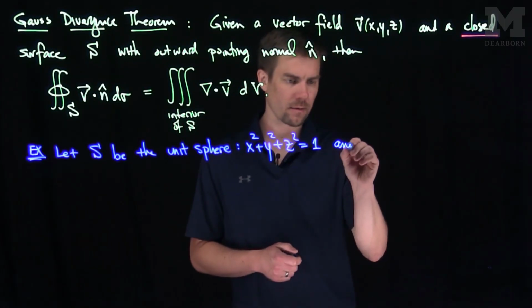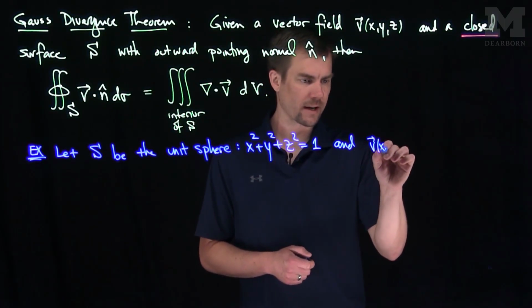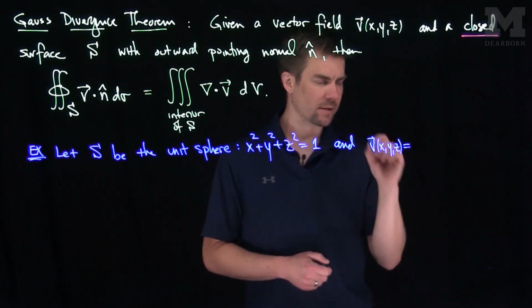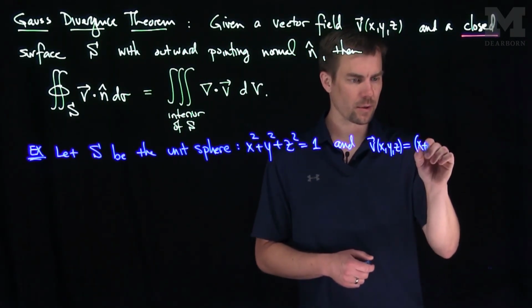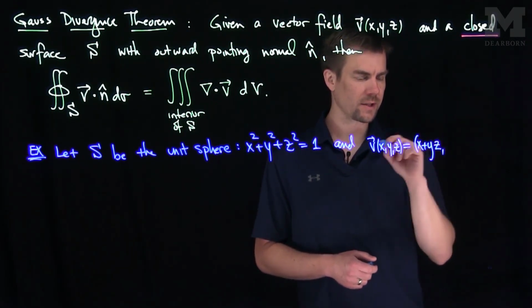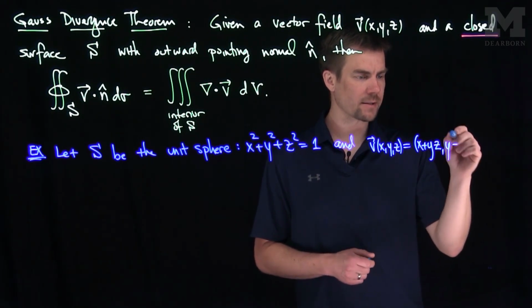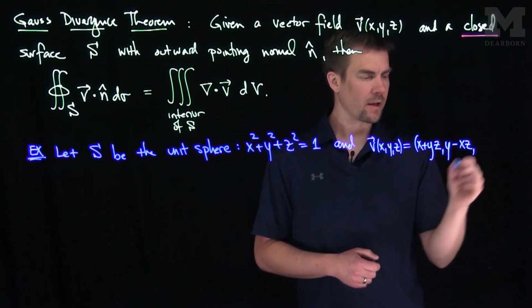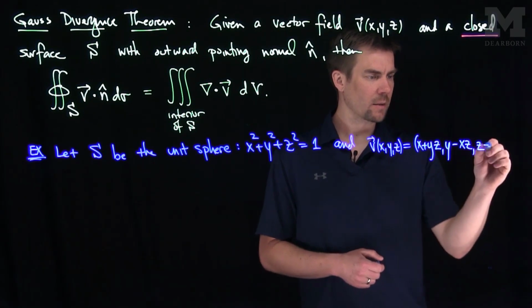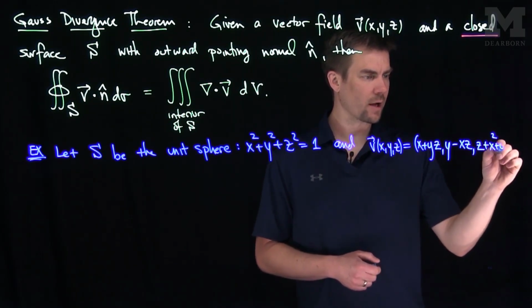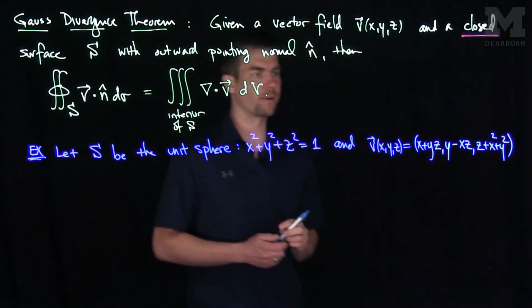And V of x, y, z is the vector field x plus yz, y minus xz, and z plus x squared plus y squared. So there's our vector field.